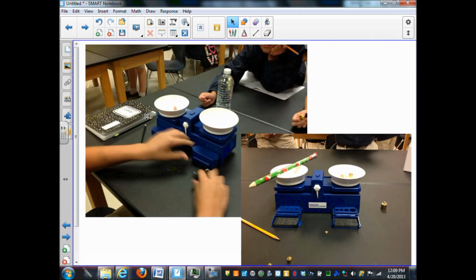I believe that's an eraser in the top picture, a pencil in the bottom picture, and they're weighing it against gram weights that we had and balancing them out to find out the mass of an object. So once you have found its mass, then you know how much matter is in that object based on its number of grams.